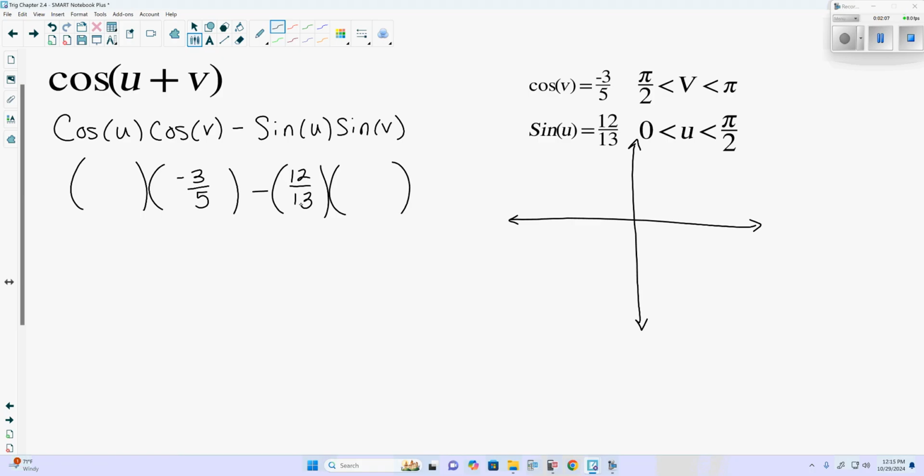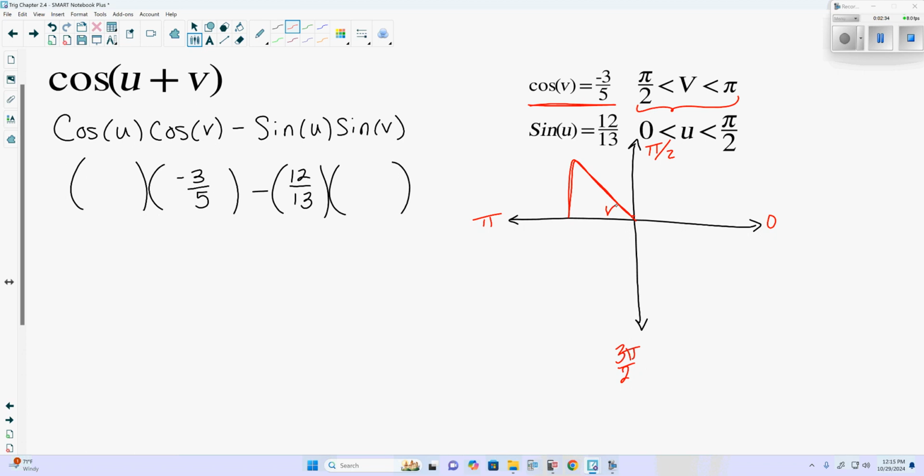Now, to get those two values, we're going to set up the triangles. For cosine of v, angle v is between pi over 2 and pi. 0, pi over 2, pi, and straight down is 3 pi over 2. So our angle v's triangle would be over here in the second quadrant.